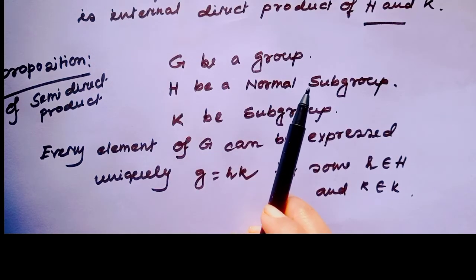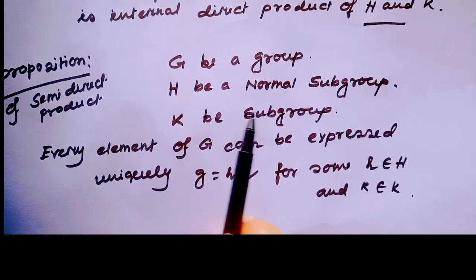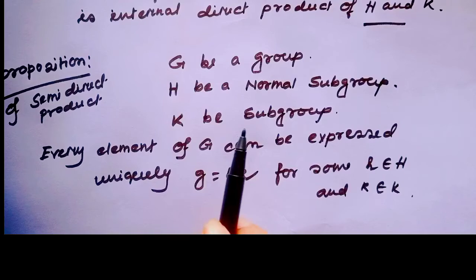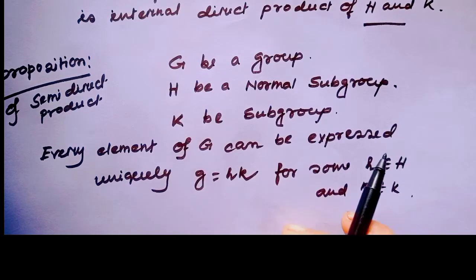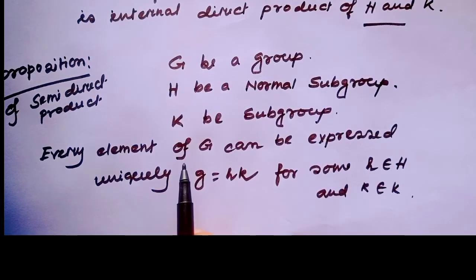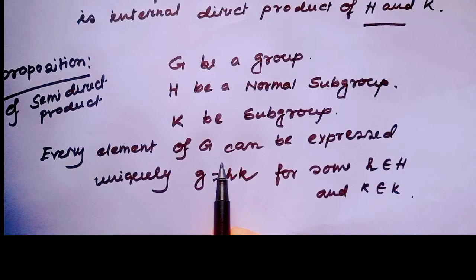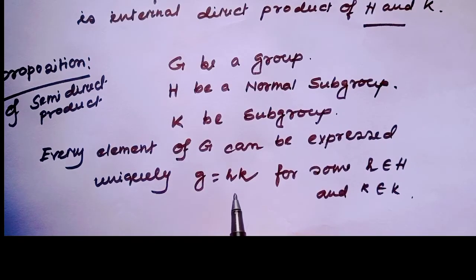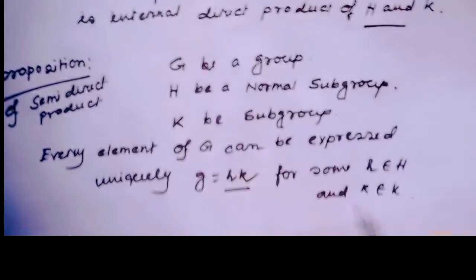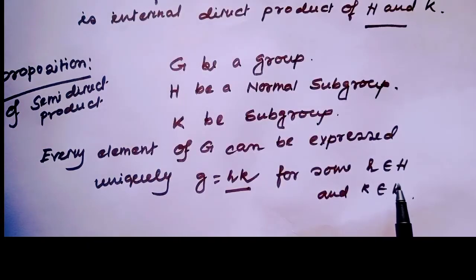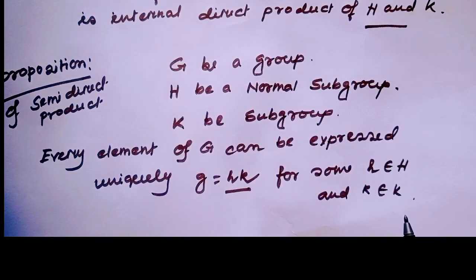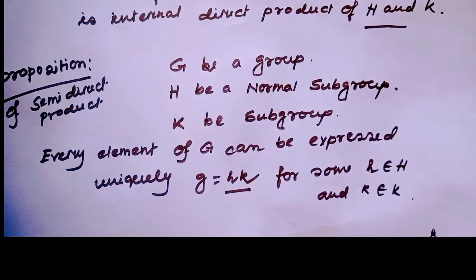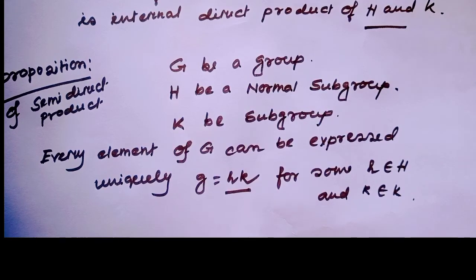Let capital G be a group and A be a normal subgroup of capital G and K be any subgroup. Then every element of capital G can be expressed uniquely as g equal to h times k, for some h belongs to capital H and k belongs to capital K. Okay?